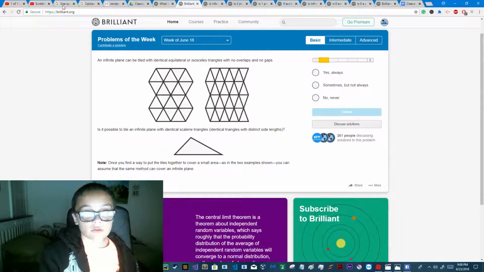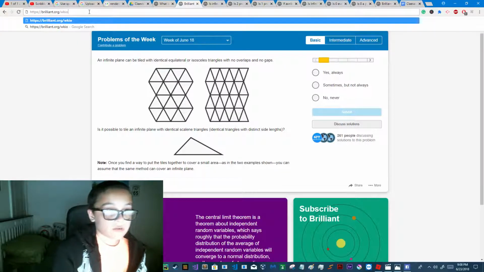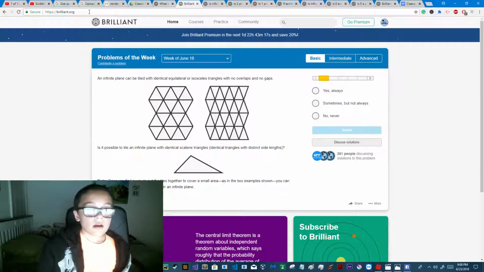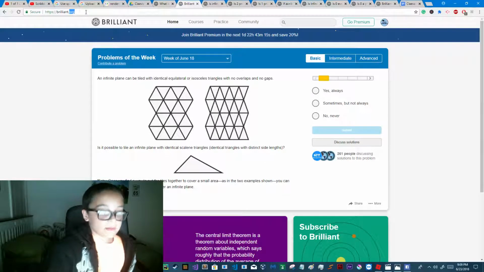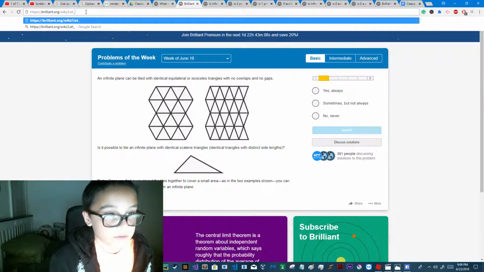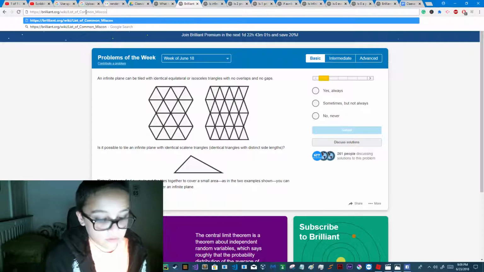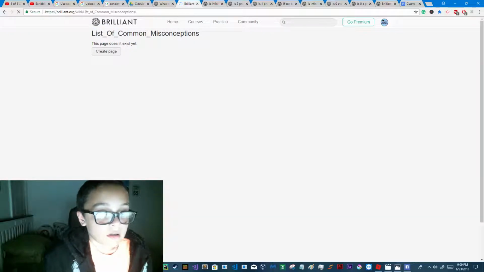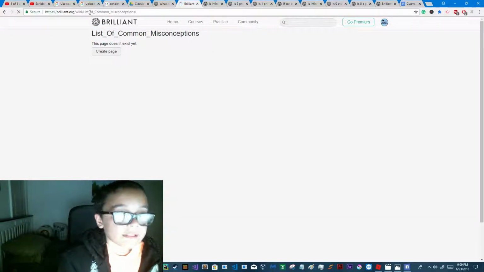let's go to the wiki. Brilliant.org wiki. This is probably where I get most of my puzzles. I might get most of my puzzles from the common misconceptions page. So, common misconceptions. List of common misconceptions.